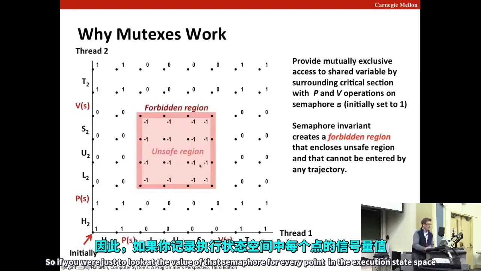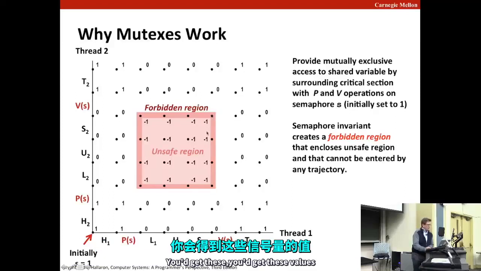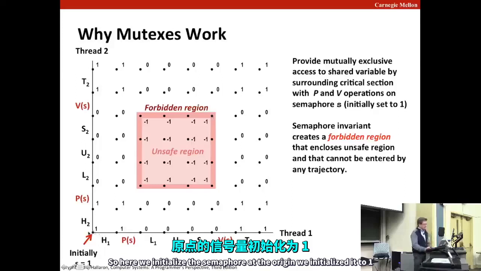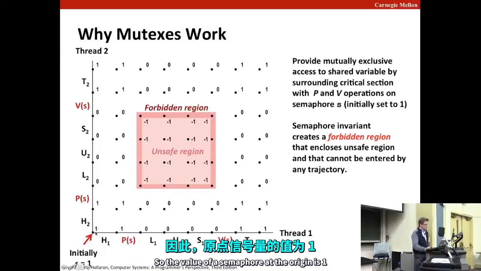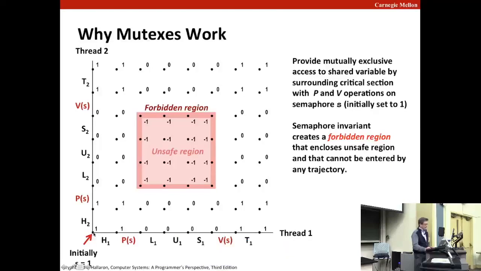So if you were to look at the value of that semaphore for every point in the execution state space, you'd get these values. Here we initialized the semaphore at the origin to 1, so its value at the origin is 1.